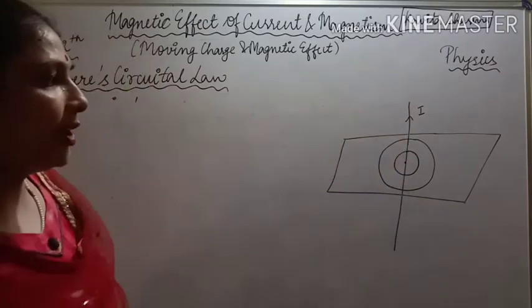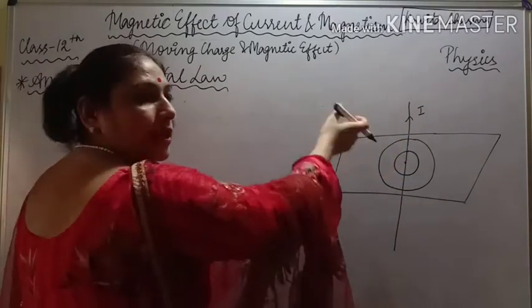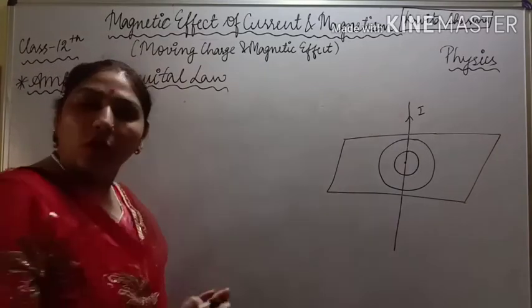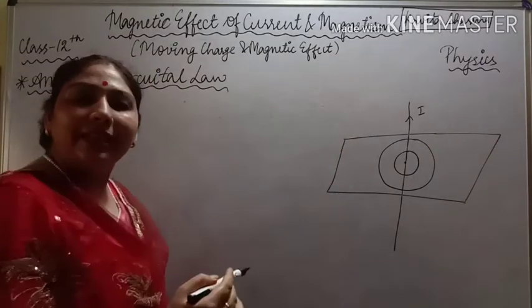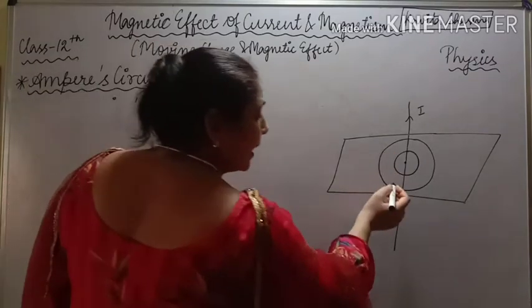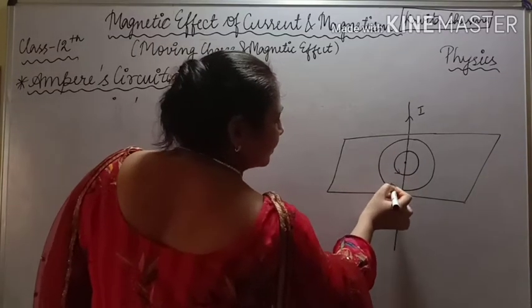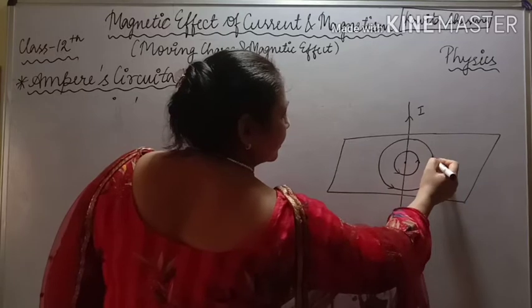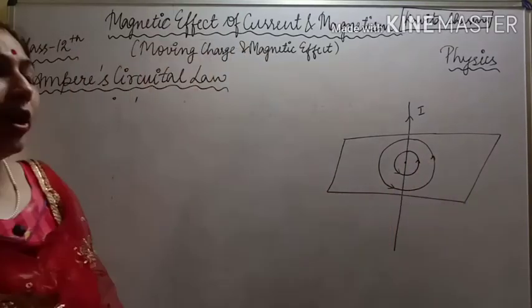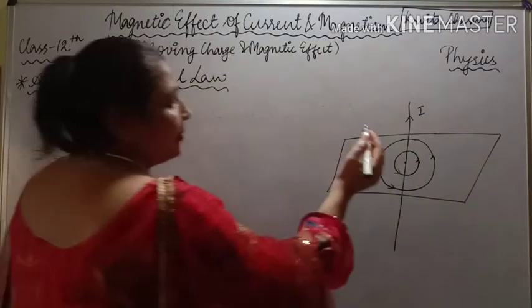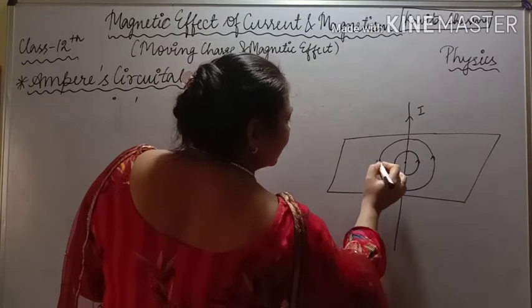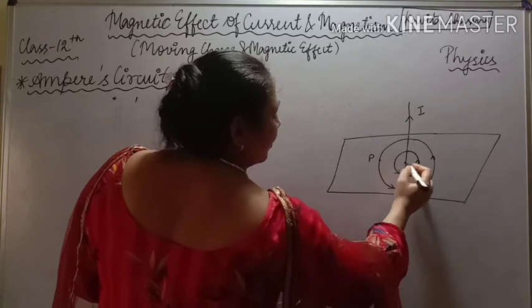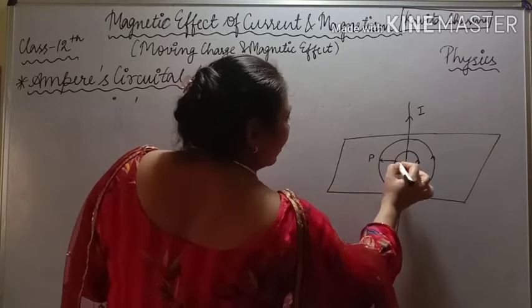When the current is in the upward direction, then by Oersted's experiment, the magnetic field lines are represented by concentric circles in the anticlockwise direction. Now we find the magnetic field at the point P, which is at a distance a from the conductor.